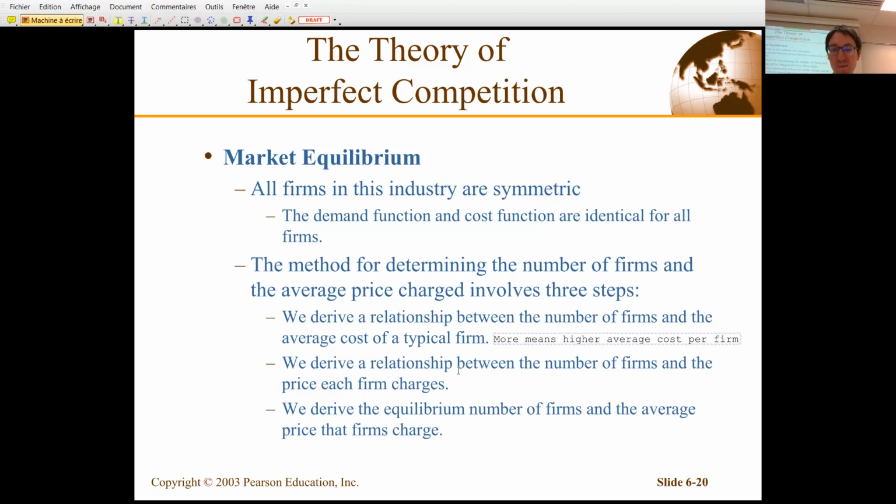And more firms means lower price, steeper competition. And then, three, we derive the equilibrium number of firms and the average price that firms charge.